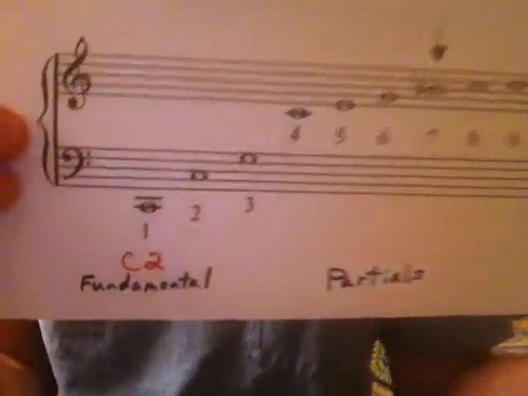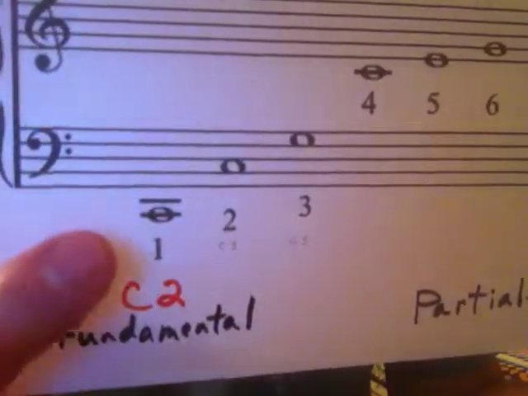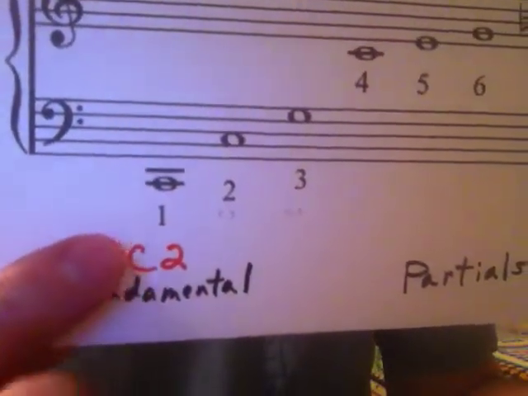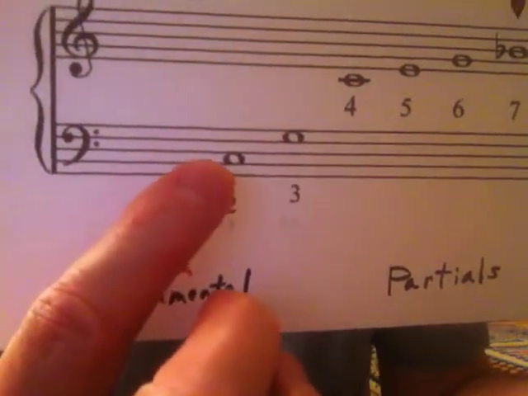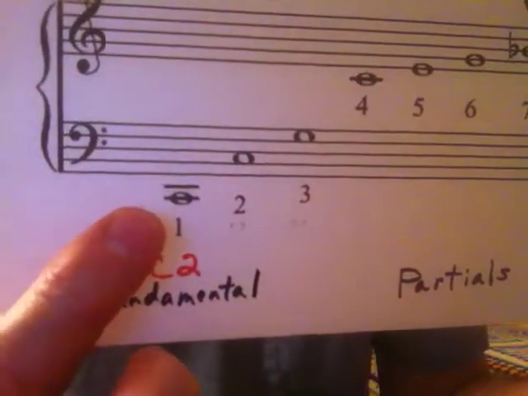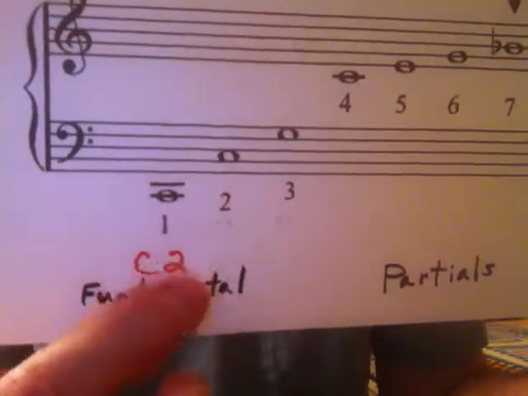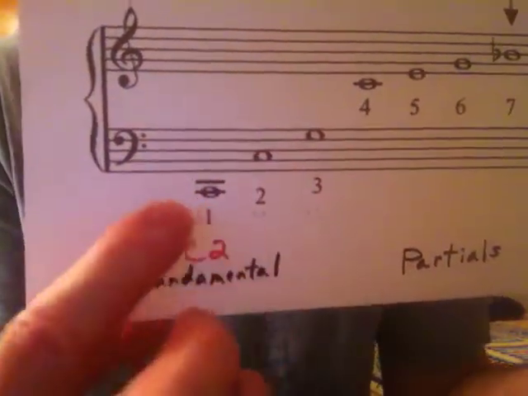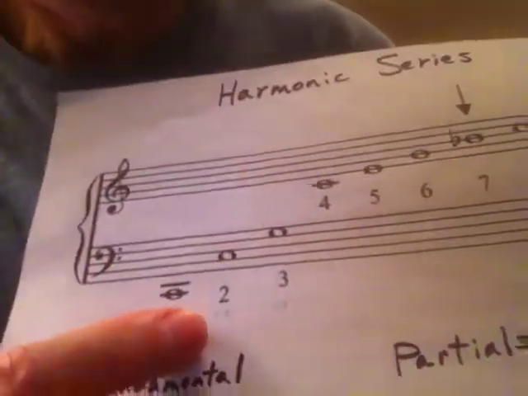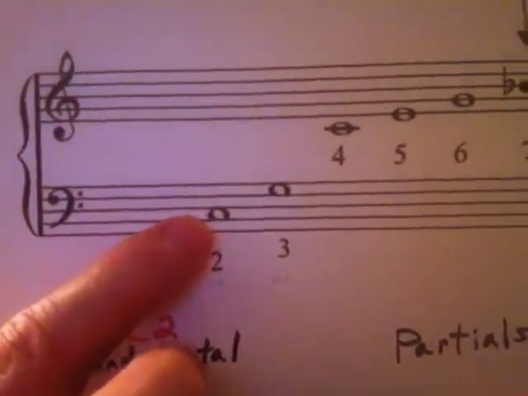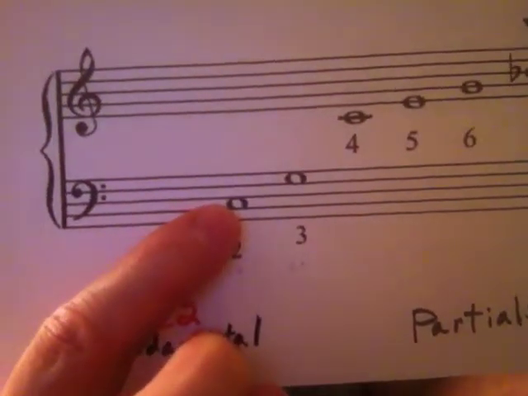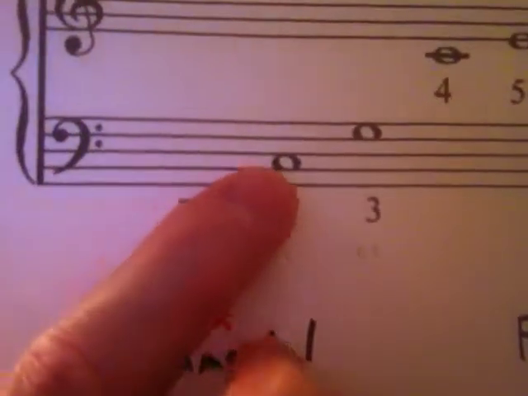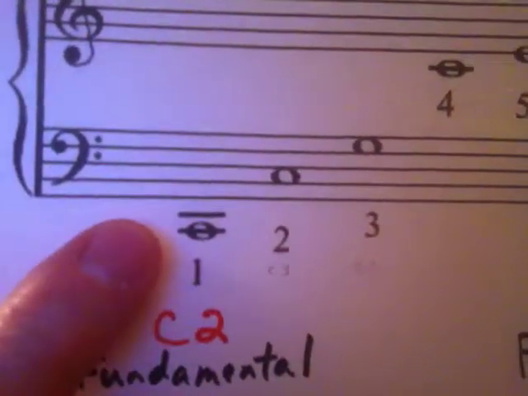Now what happens here is, along with that fundamental tone, the first tone you hear in succession of pitch would be this C3. Now that C3 is an octave of the fundamental.